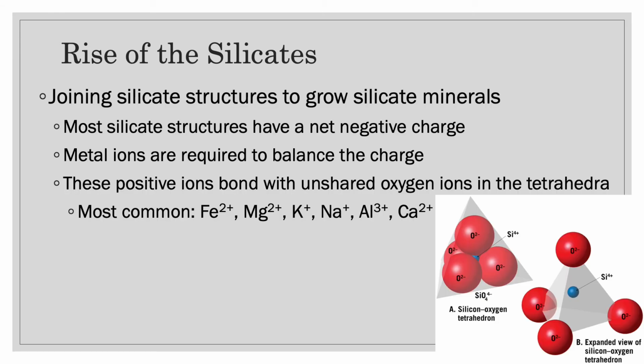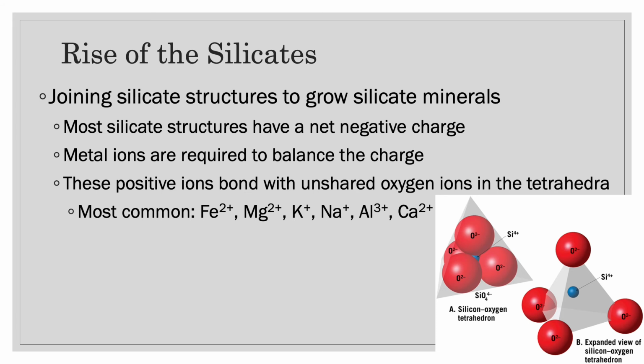These silicate structures then can join together to grow silicate minerals or silicates. Most of the silicate structures, including the ones that we just reviewed on the last slide, have a net negative charge, meaning they are basically looking for other ions with a positive charge that want additional electrons to balance their charge and follow the octet rule.